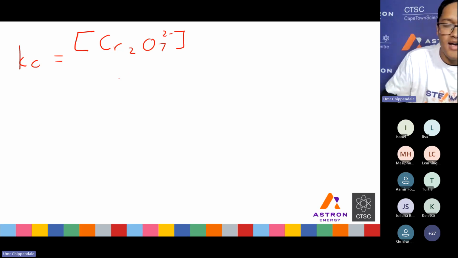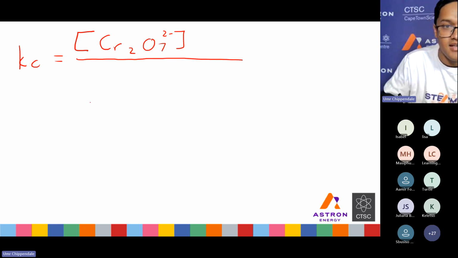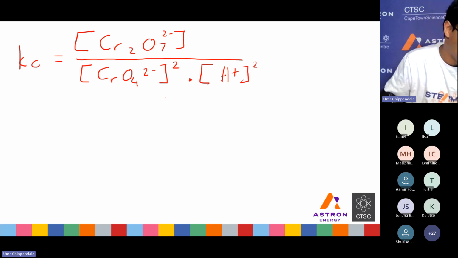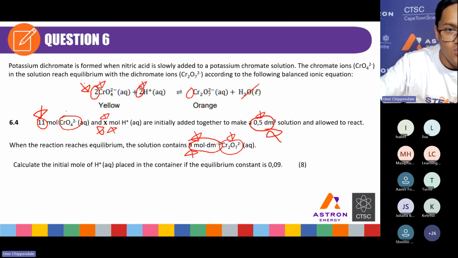Remember, our product was only 1, right? There was a coefficient of 1. The reactants both had 2 as this coefficient. So that will be to the power of 2. So this is going to be CrO4 2 minus squared. Please do not forget those. That's going to be multiplied by our H plus squared. Yes.